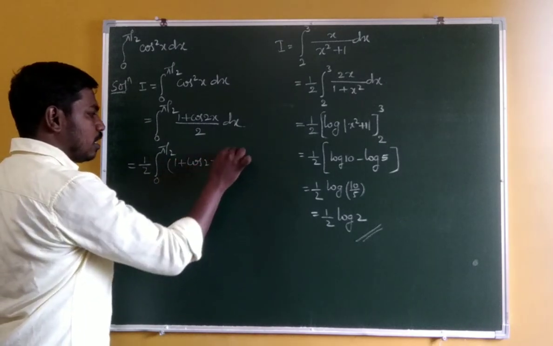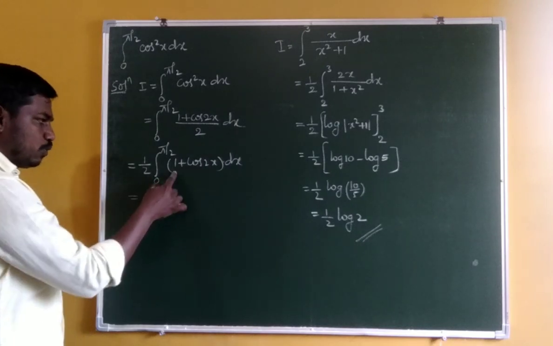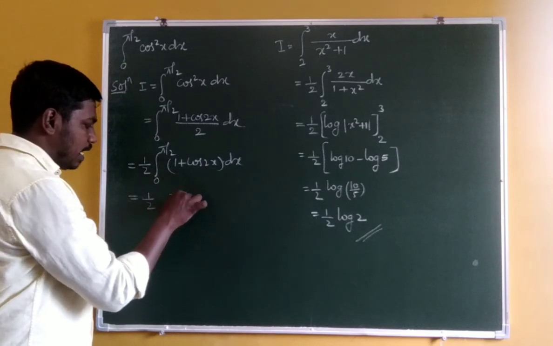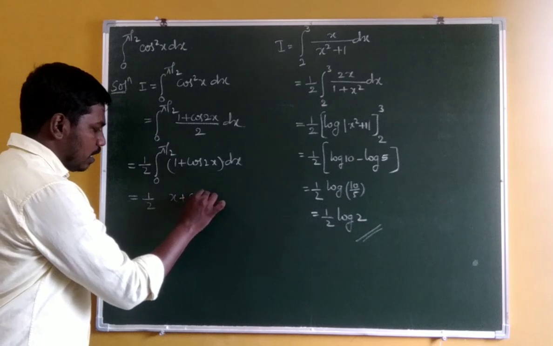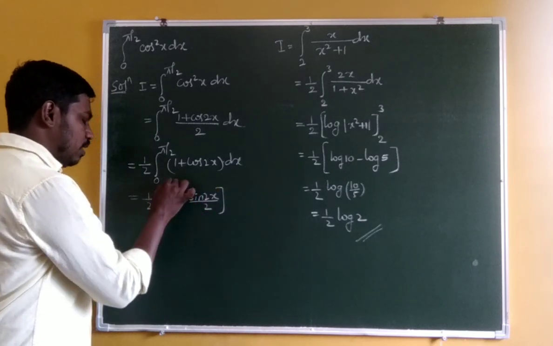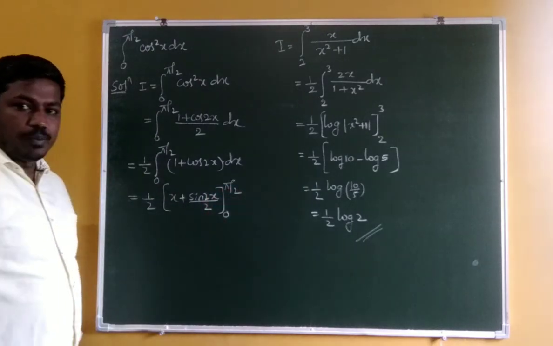Now apply the integration. 1 by 2 into, the integration of 1 with respect to x is x, plus the integration of cos 2x is sin 2x upon 2. Our limits of integration are 0 to pi by 2.